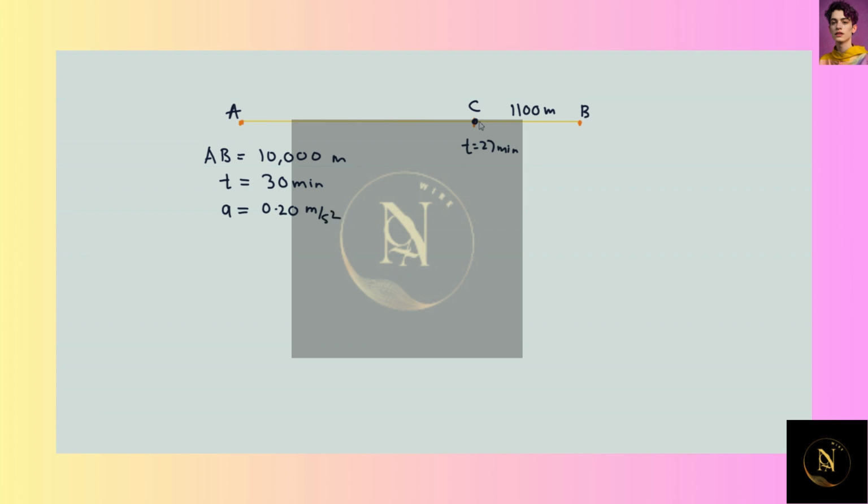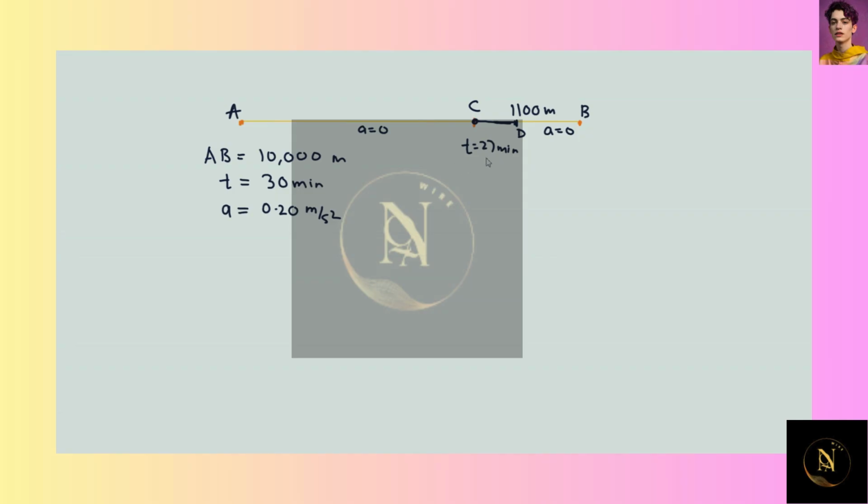He accelerates his speed for a while, let's say up to this point D, and after that he continues with a constant speed. So from D to B there is no acceleration, and from A to C he runs with a constant speed, so there is no acceleration there either.